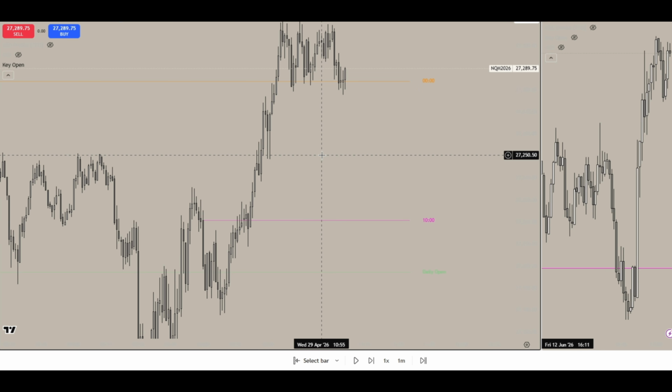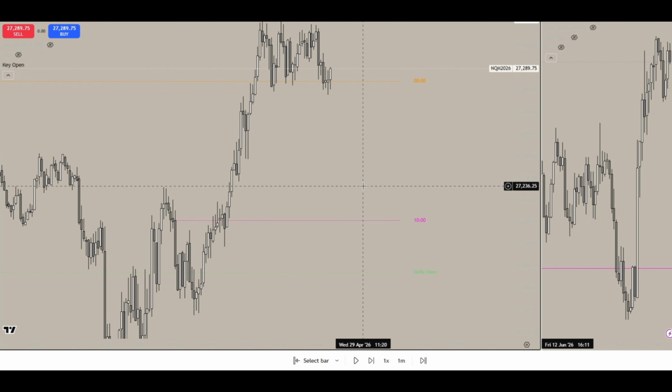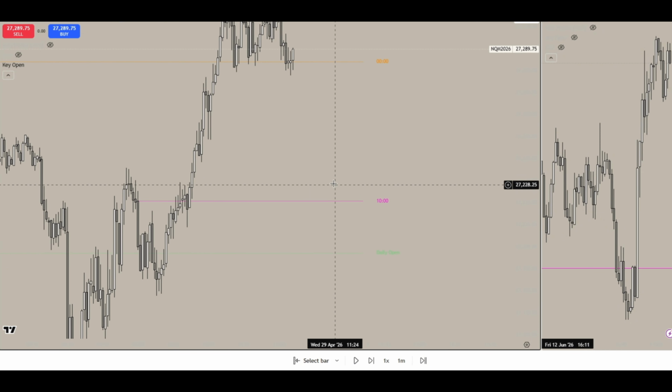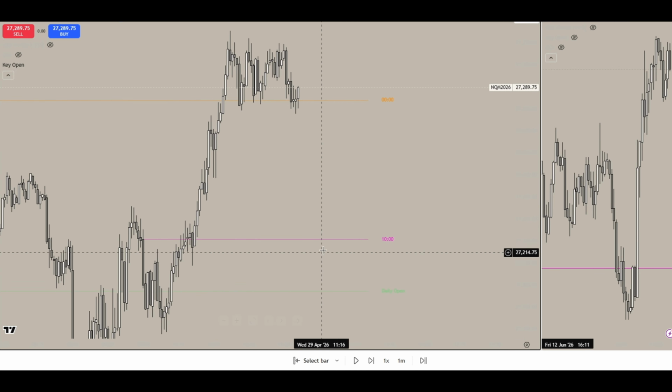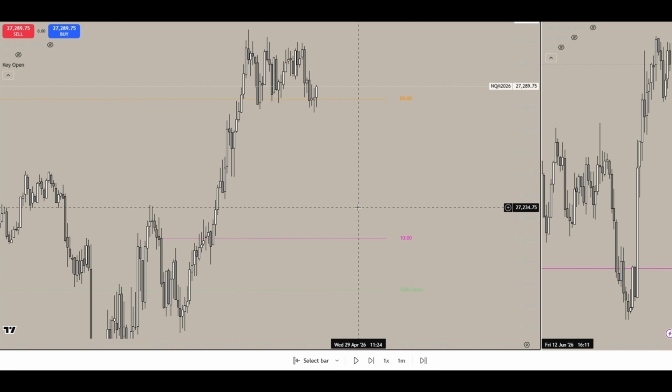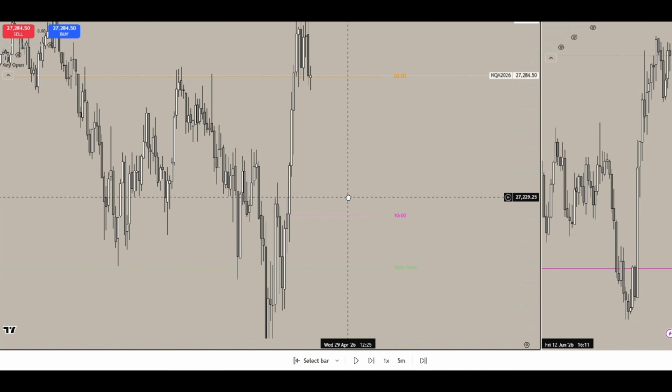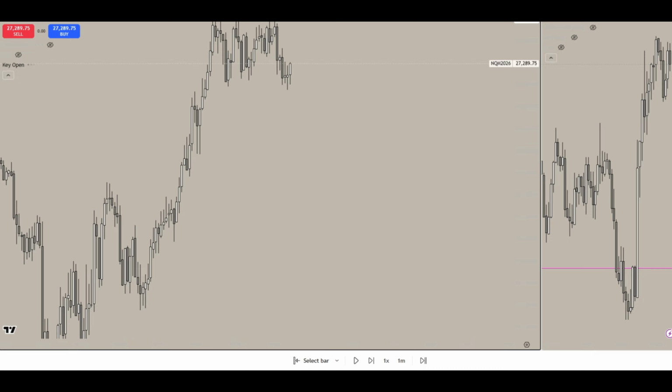So I want to give you guys one more example, because this includes both things that I was going to mention, so this makes it easy. You can also obviously use these as take profits as well. In this case, we get a super big manipulation above.